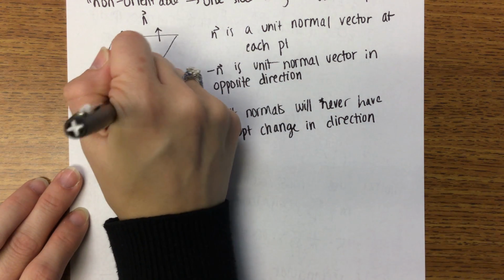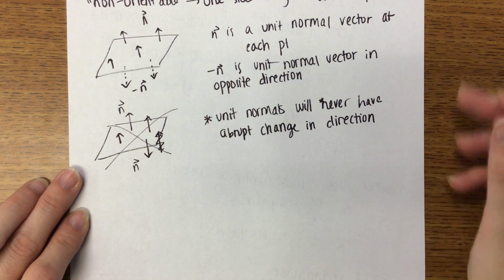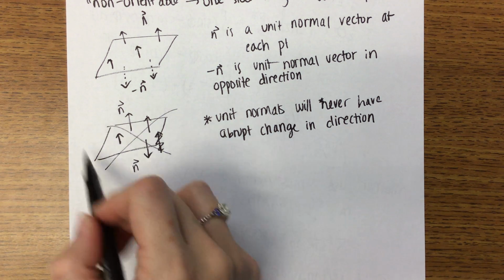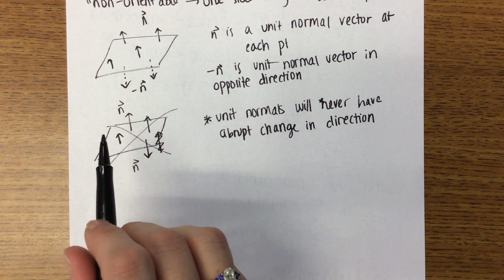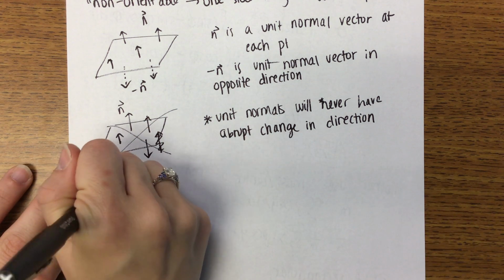You're never going to see that all of these are n and then this is also n. That's not possible. You're not going to have that abrupt change. And here's why that's important. If we have an orientable surface, we need to know which one is the positive orientation and which one is the negative orientation. So this tells us that's not going to change. The direction for the positive orientation isn't all of a sudden going to change.